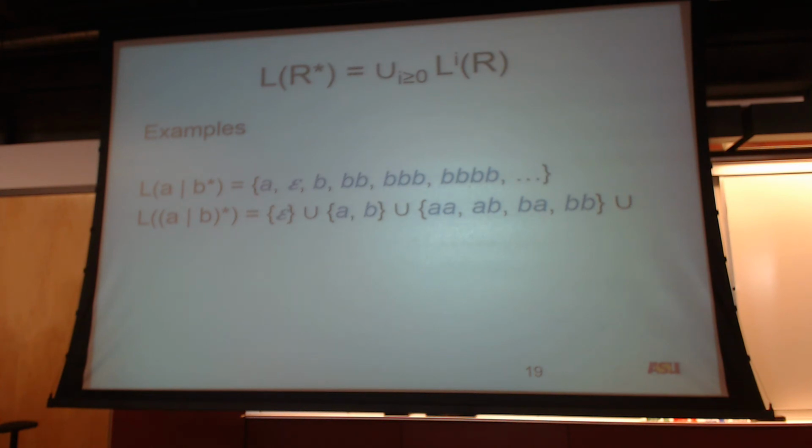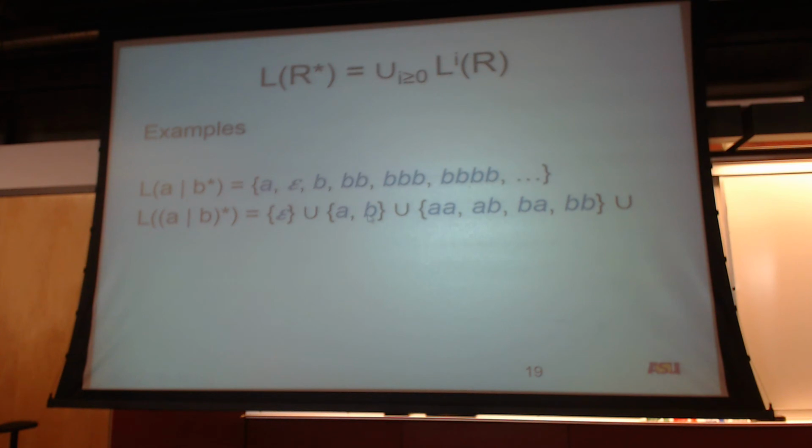Then you want to do union L(R) dot L(R) dot L(R). What will that be? Basically this one dot A comma B, not the other way around.